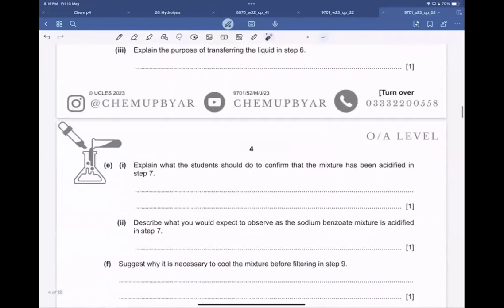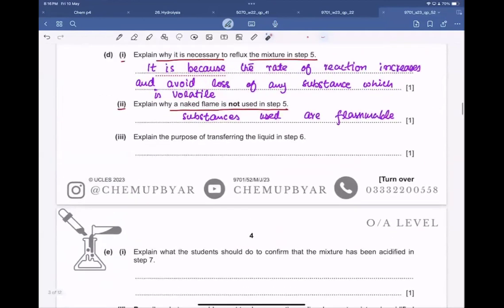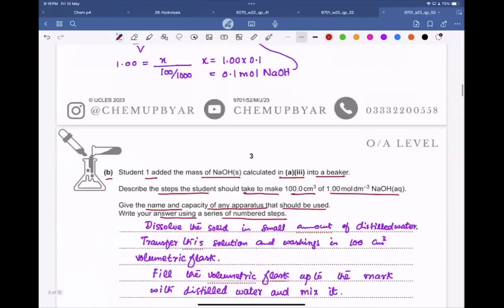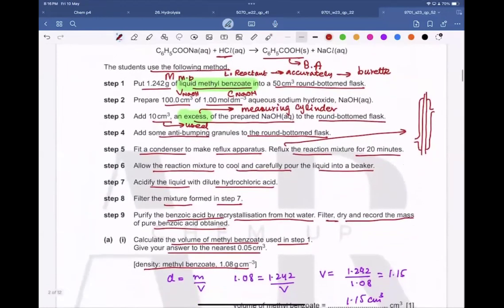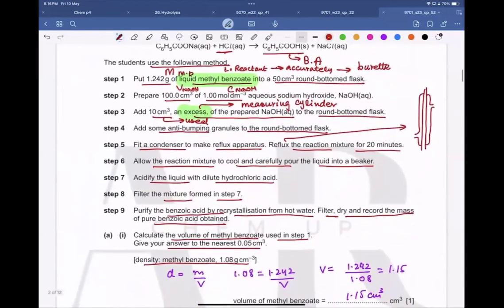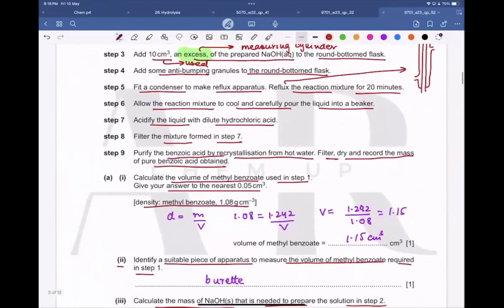Okay. Now, explain the purpose of transferring the liquid in step 6. Okay, let's read step 6 again. Fit the condenser to make the reflux separator, reflux the reaction for 20 minutes.